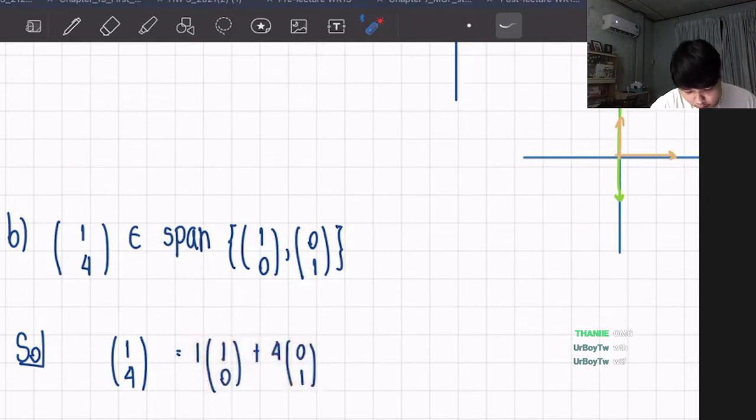Now you see the vector here is the same vector, and it automatically belongs to the span of (1, 0) and (0, 1). It's very easy.